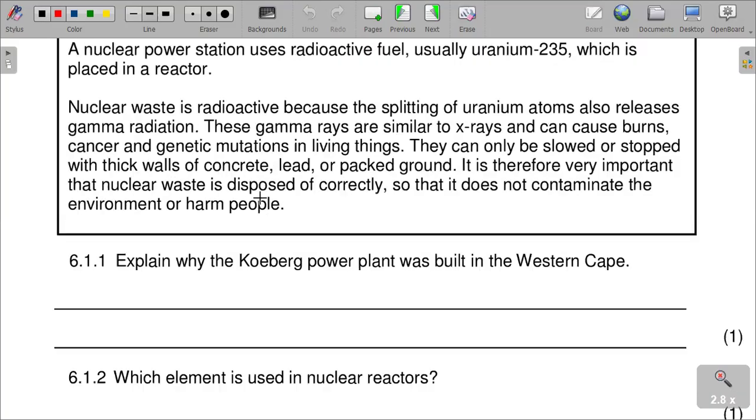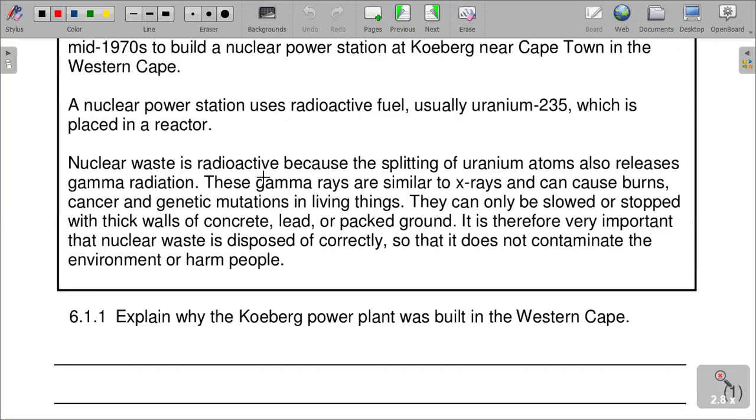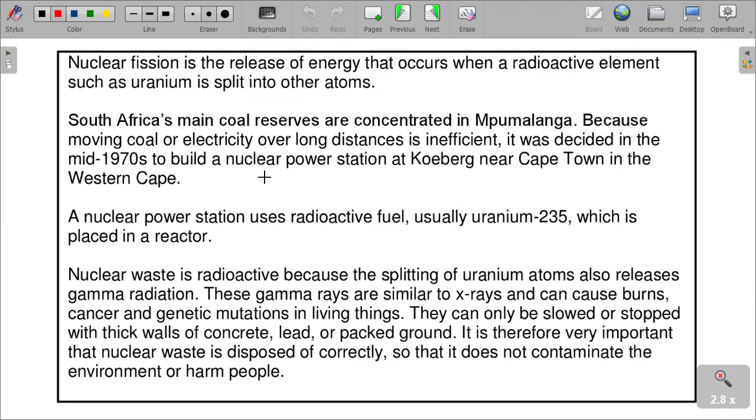So our first question is saying, explain why Koeberg Power Plant was built in Western Cape. Why was it built in Western Cape? We can see there the statement is saying South Africa's main coal reserves are concentrated in Mpumalanga because moving coal and electricity over long distance is inefficient. It was decided that they build a nuclear power station, this one, which is in Cape Town near Western Cape. So our answer is what? It's because there are no coal reserves in Western Cape.